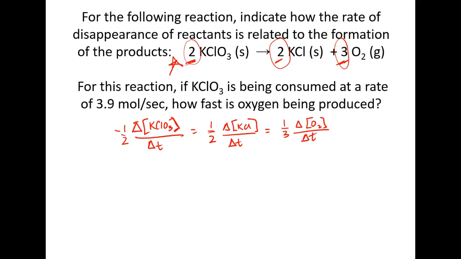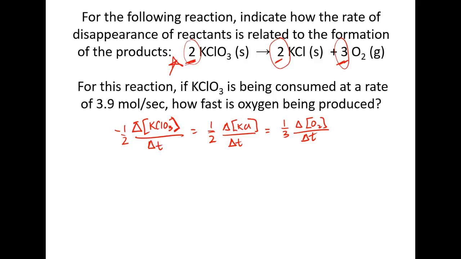And so if you think about how fast or slow these materials might either disappear or appear, you should see, since there's a 2 in front of potassium chlorate and potassium chloride, that the KCl on the right-hand side is going to appear at the same rate that the KClO3 is going to disappear, because they both have coefficients of 2.